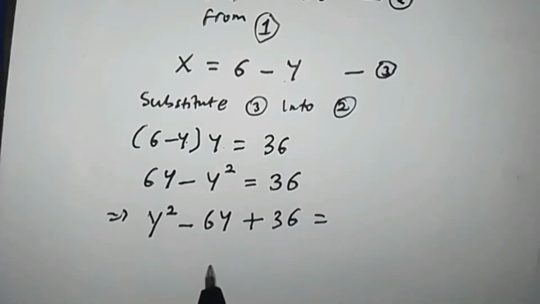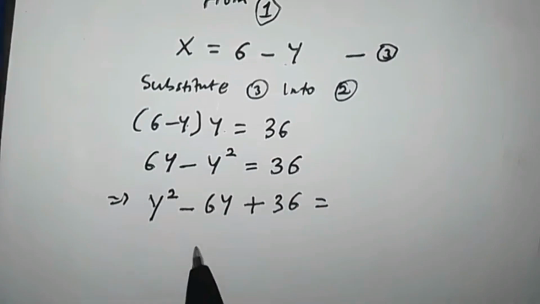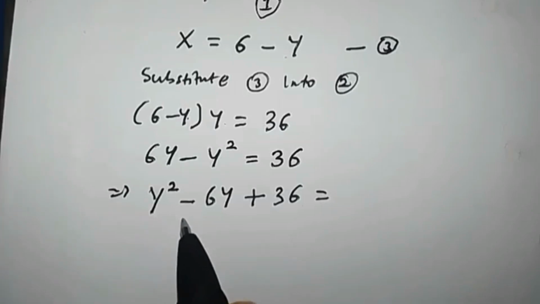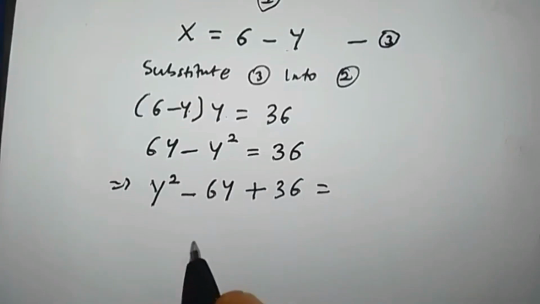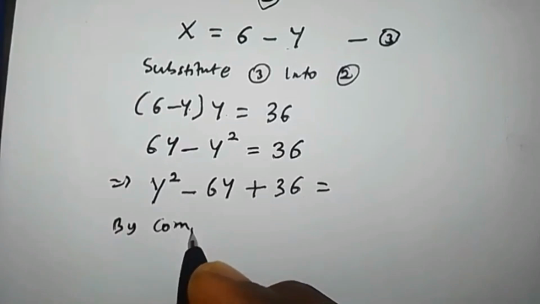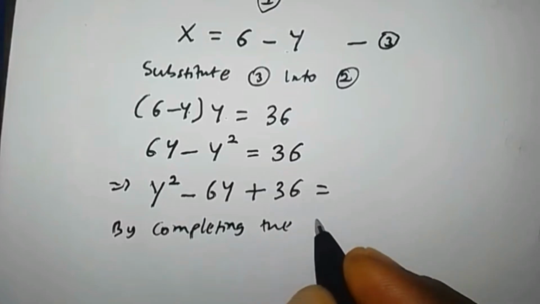Now, let's consider this quadratic equation to get the value of y. We can solve it using the quadratic formula or the completing the square method. But for the case of this video, we are going to use the completing the square method.